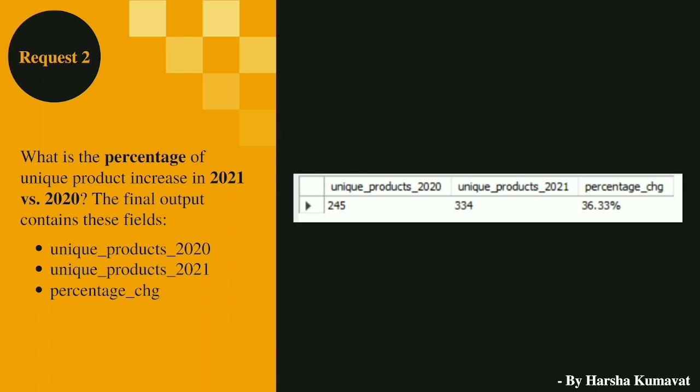The next request is regarding the percentage of unique product increase in 2021 versus 2020. So here is the output we got after running the SQL query. It gives us the total unique product count for 2020 as well as for 2021 and the percentage change.